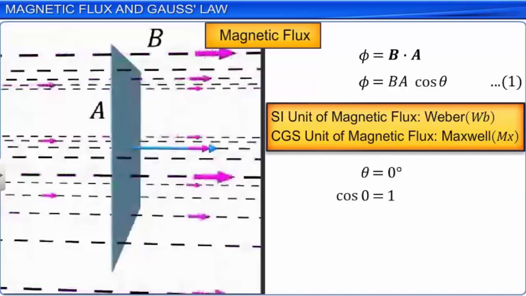Thus, the magnetic flux phi is equal to BA. When the flux passing through a given area is maximum, the magnetic flux passing per unit area is called magnetic flux density. Then, the magnetic flux density B is equal to phi by A. Let this be equation 2.